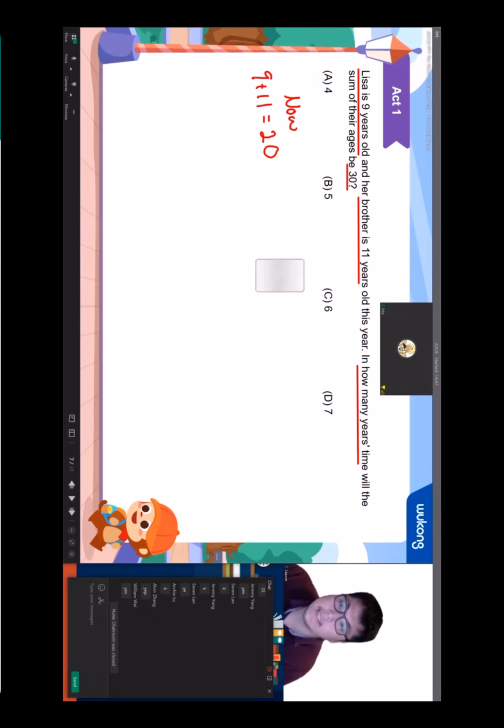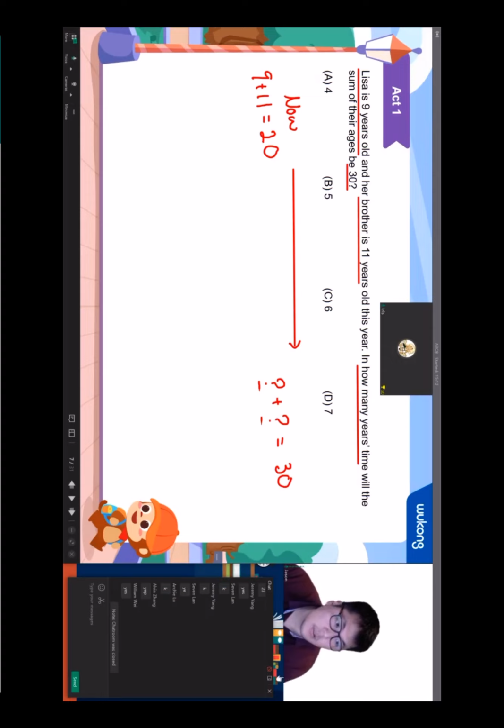Okay, Iris? So find the sum now, and then we need to make this into what? The sum needs to be what? So something plus something needs to be how much? 30. Yes, 30. And now, we don't know these two just yet, but we can see the difference between their sums at the moment. So it's 20 and 30. So the next step is quite simple, Iris.